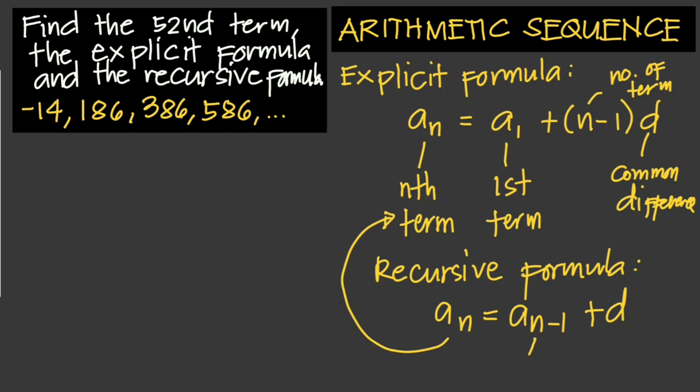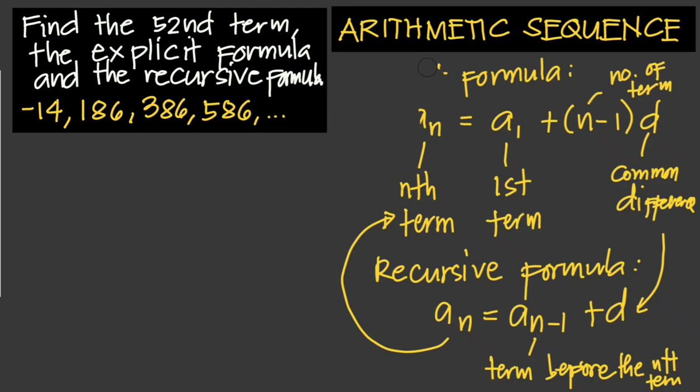Our a sub n minus 1 is the term before the nth term, or the last term given, and d is the common difference.